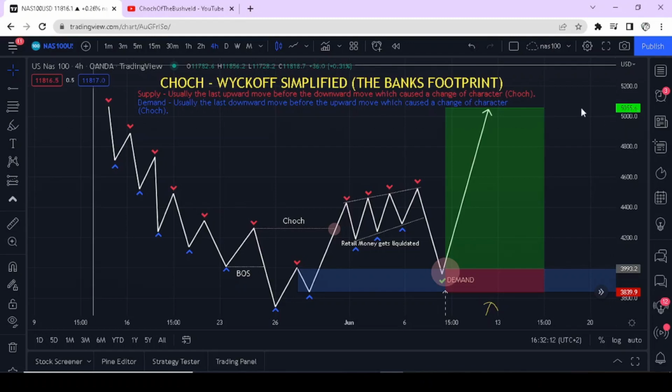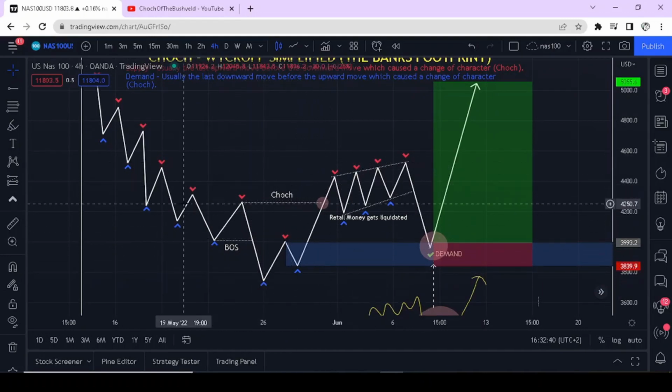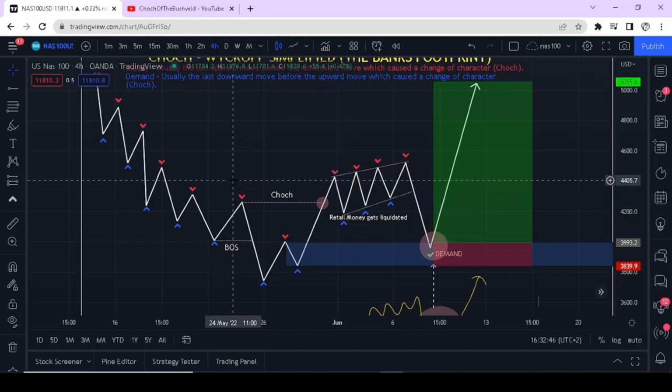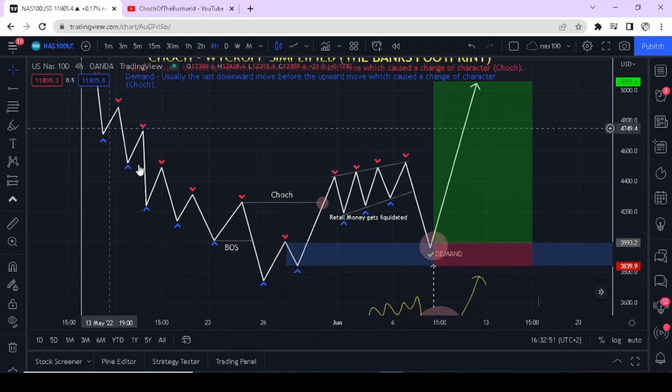Now, when the market is forming a bearish structure, on indexes, you want to be looking at the very lowest time frame, at least the 1 hour. So when price is making lower lows, lower highs, constantly breaking structure to the downside, and all of a sudden we have an impulsive move, signs of strength that take out the most recent swing high or lower high, this will cause a change of character in order flow.